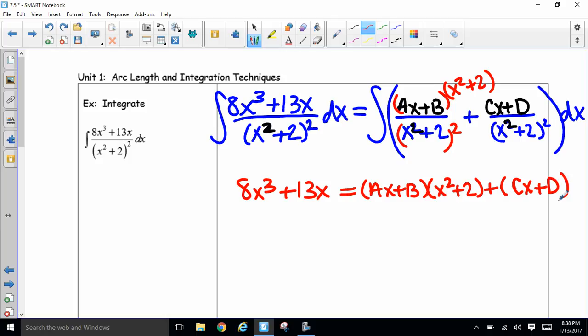Okay. So stepwise, we got it set up. Then you do common denominators. Then you do numerators equal. And then you need to solve, in this case, for A all the way through D.